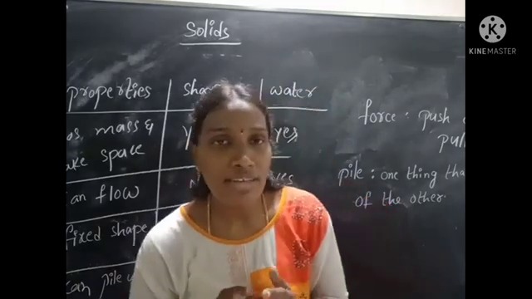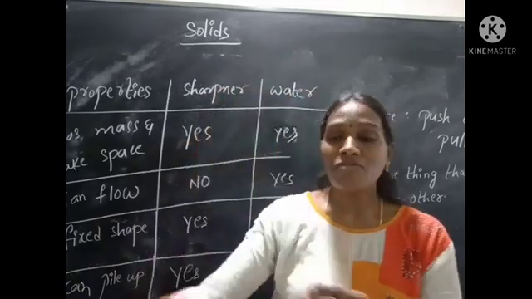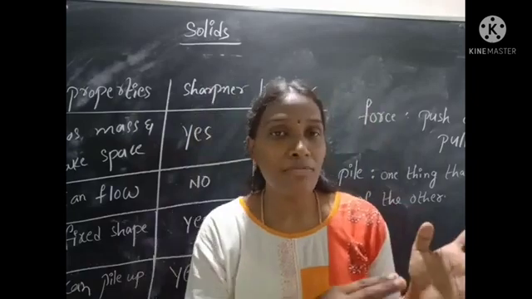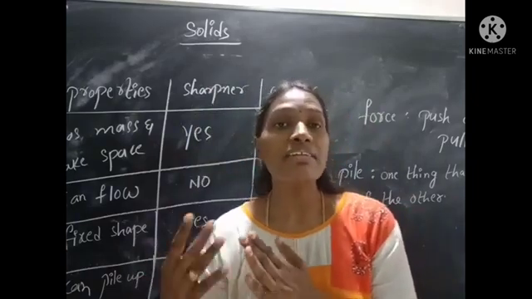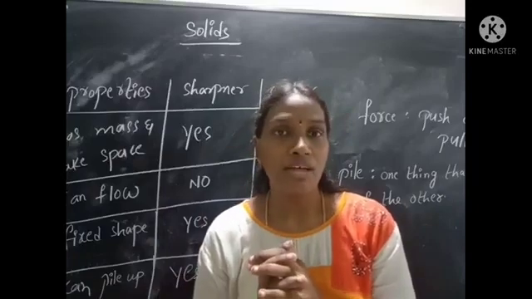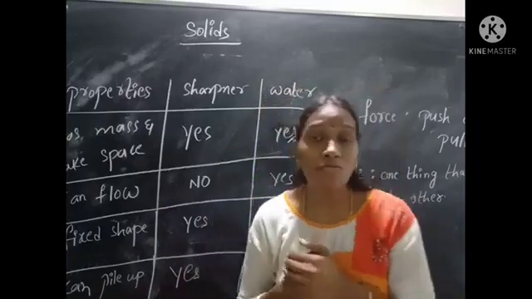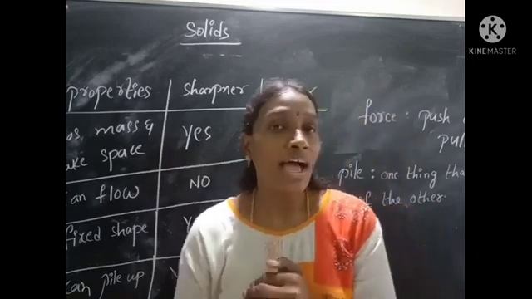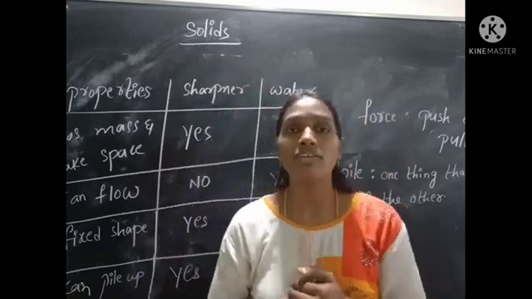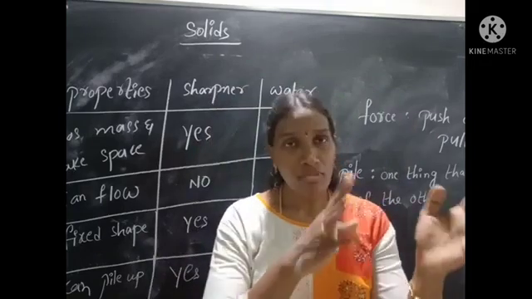So by this, what we can say is that when we apply some force on solids, like when we push or pull, we may change the size and shape. One more example is a sponge. We already know that a sponge is a solid.